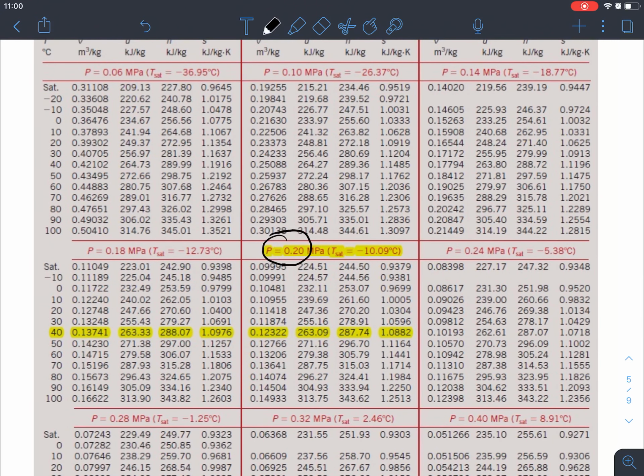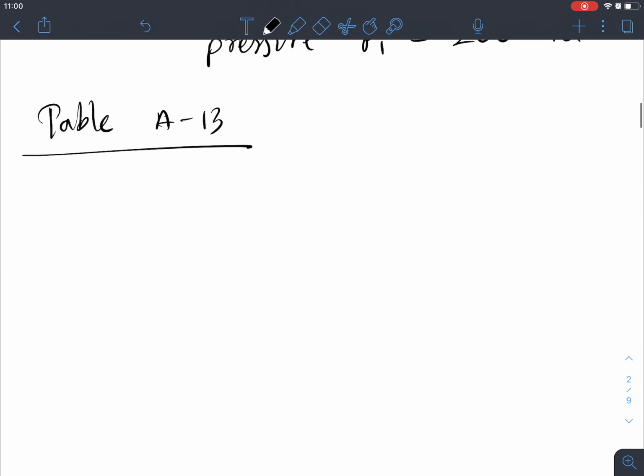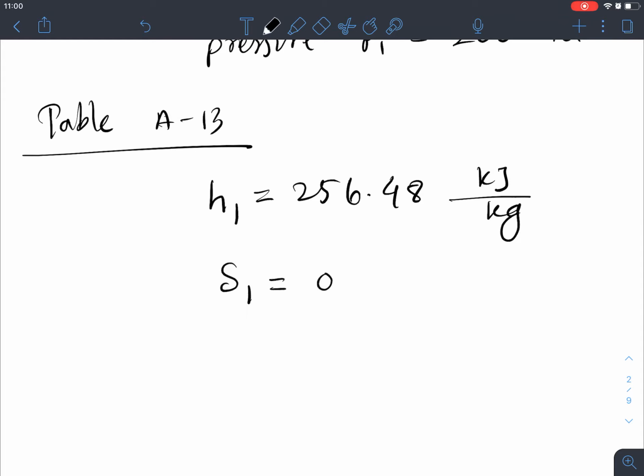If we do the interpolation between 0 degrees C and 10 degrees C, we get the enthalpy in between this line, and the entropy in between this line. I have already done this interpolation. So at point 1, H1, the enthalpy, would be 256.48 kilojoule per kg, and the entropy would be 0.98214 kilojoule per kg Kelvin.